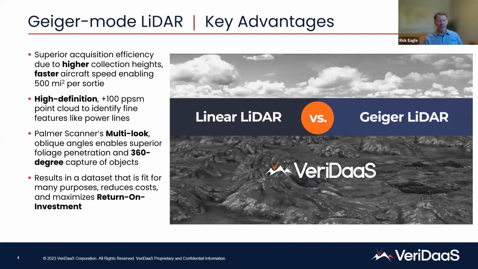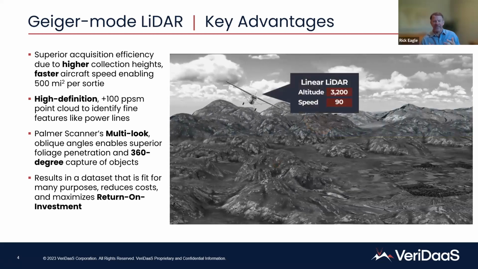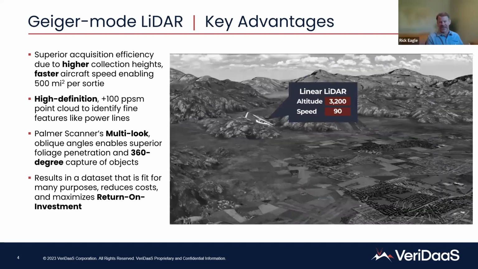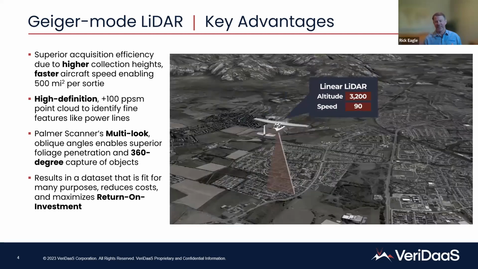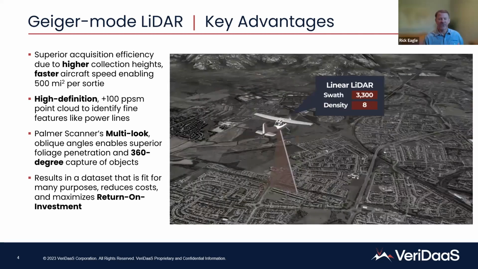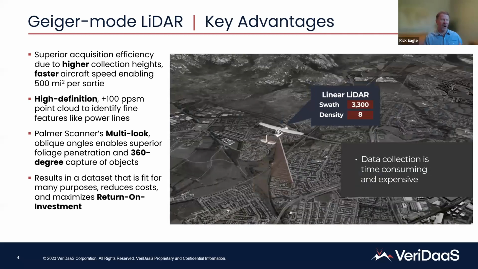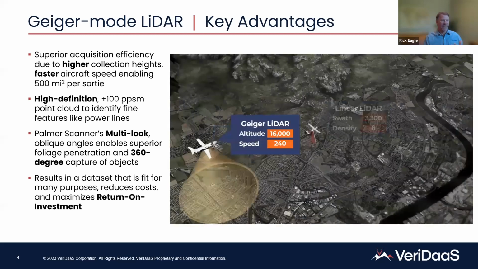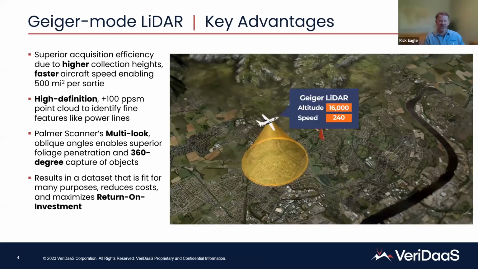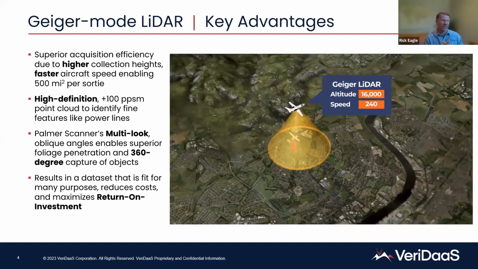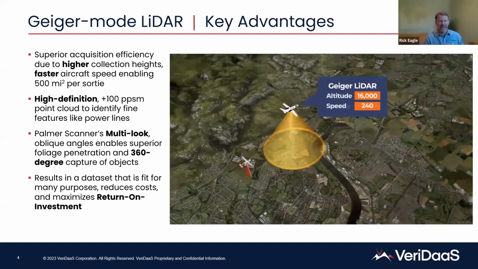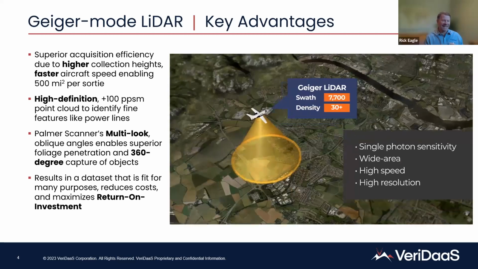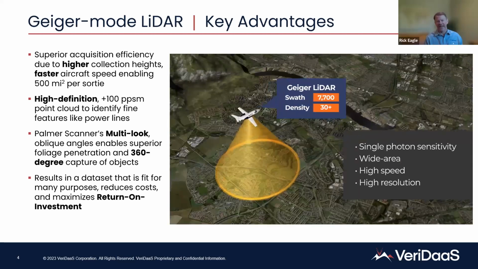With Geiger-mode, the real unique thing about the technology is we have extreme levels of efficiency and high density at the same time. In comparison to typical linear LiDAR, we tend to fly a good bit higher and faster, but that enables us to collect about 500 square miles on a single sortie. So we're collecting a massive amount of data in one aircraft sortie, and at the same time, we're collecting at a very high density.